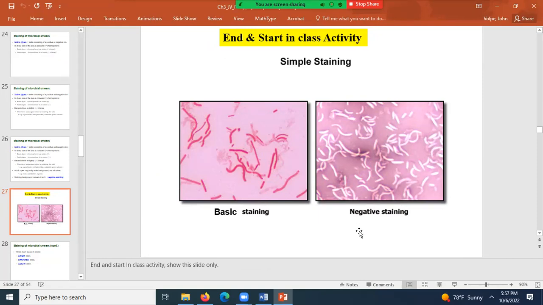Any questions about basic staining and negative staining? Remember, a negative stain uses an acid stain.